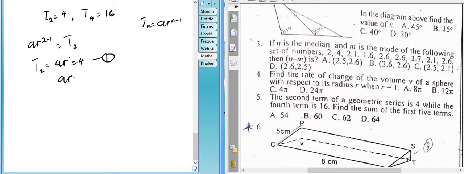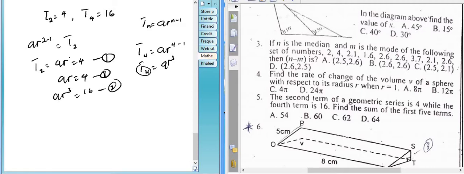Then for equation 2, we can say T4 is equal to A R to the power 4 minus 1, therefore T4 is equal to A R cubed. Then T4 is 16, so A R cubed is equal to 16, equation 2. So to find A and R, we can divide both. We can divide equation 2 by equation 1.